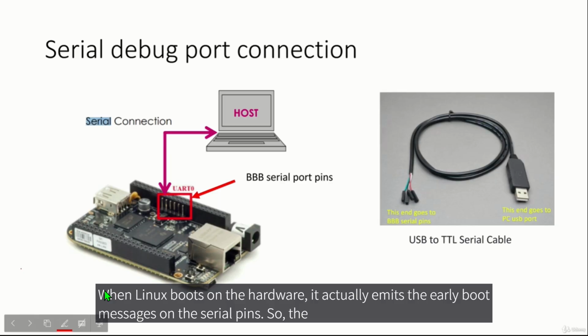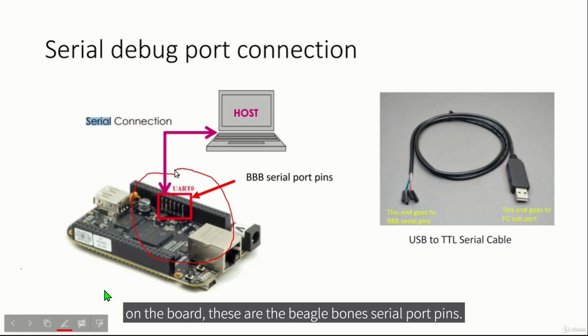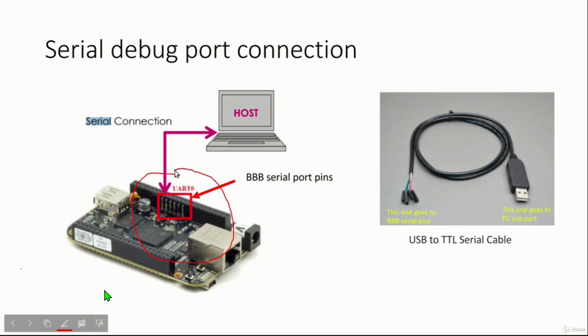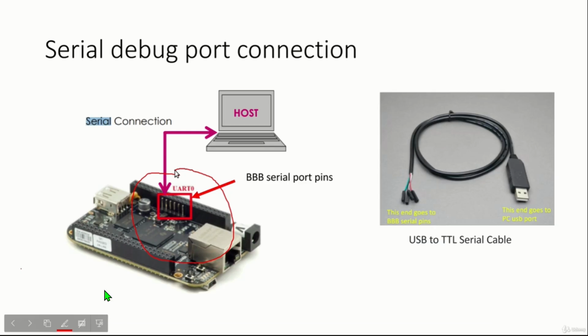When Linux boots on the hardware, it emits the early boot messages on the serial pins. So the serial pins are exposed on the board. These are the BeagleBone's serial port pins. By using this cable, we can get those debug messages on our computer.